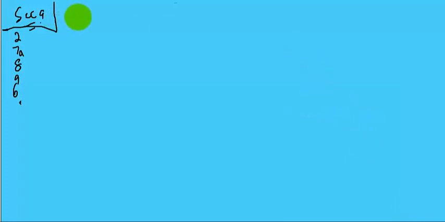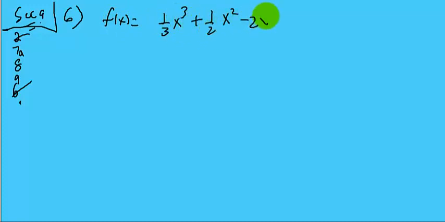Alright, let's go to the next one then. Next one is 6. Let's see what 6 is. Find the points where the tangent line to the graph of f of x is equal to 1/3 x to the third plus 1/2 x squared minus 2x plus 10 has horizontal tangents.